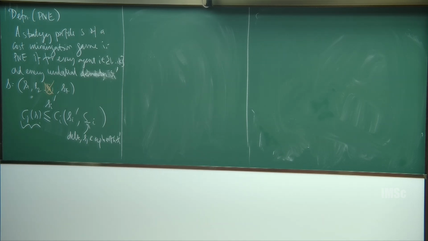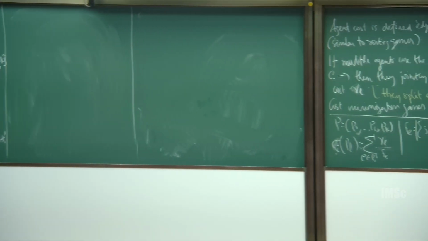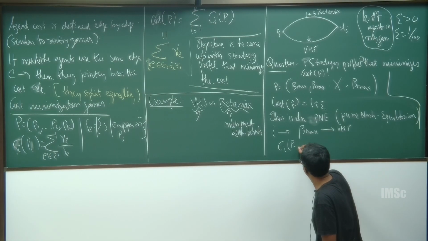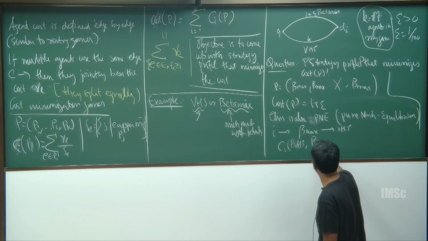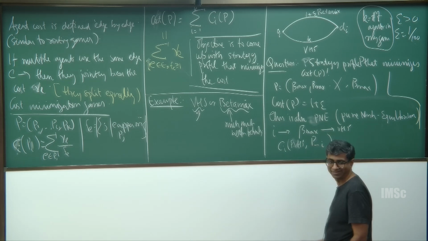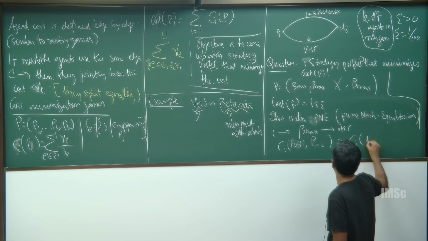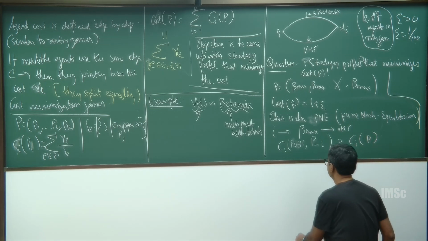If some agent I changes from Beta max to VHS, what is his new cost? New cost of VHS in P minus I is greater than Ci of P.